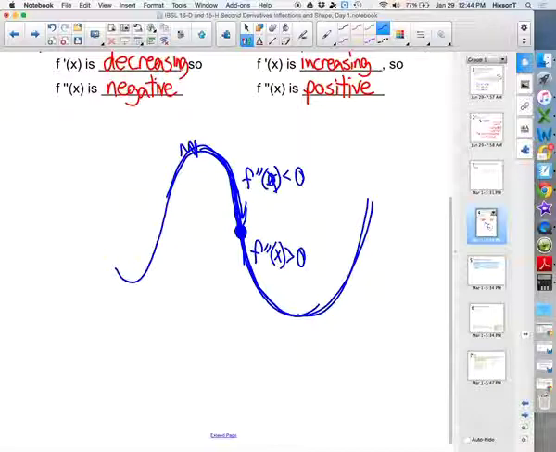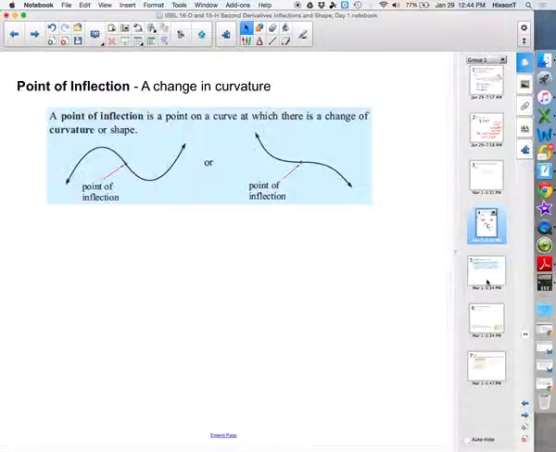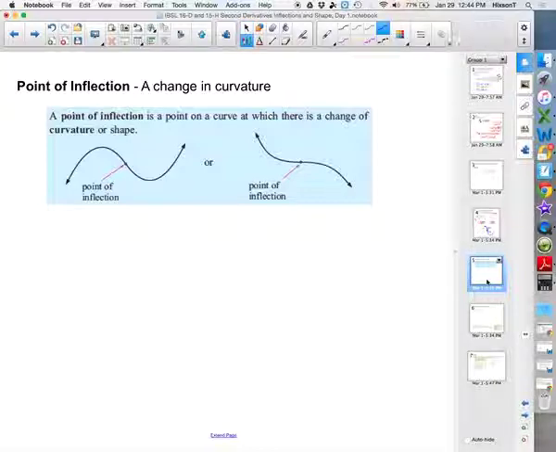Okay? So it's kind of a weird thing to wrap your head around, but that exists anytime you have a change in concavity or a change in curvature. And this point here is what we're going to look more closely at on Monday. But that moment when you stop having a negative acceleration and you start having a positive acceleration, you stop being concave down and you start being concave up, is called a point of inflection.